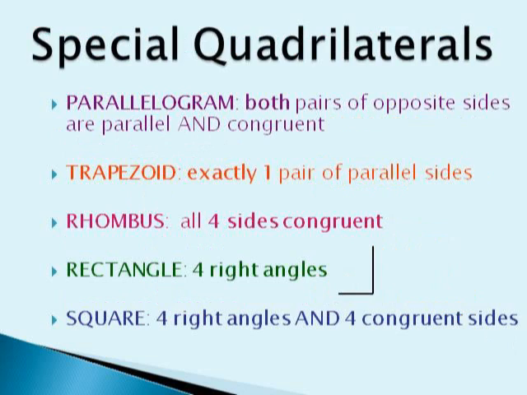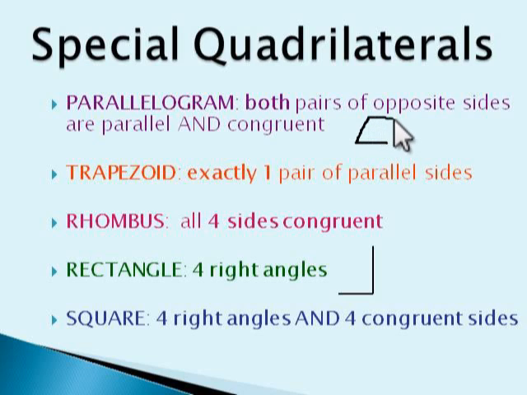When it comes to quadrilaterals, we have some special ones. They have special names for them. Parallelogram is when both pairs of opposite sides are parallel and congruent. Normally we look at a parallelogram as being like a rectangle that fell over.